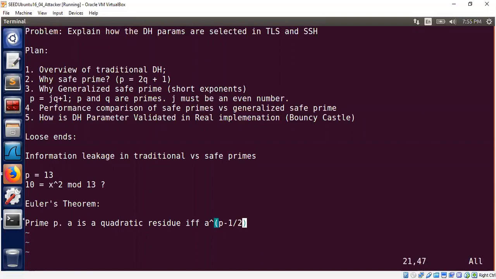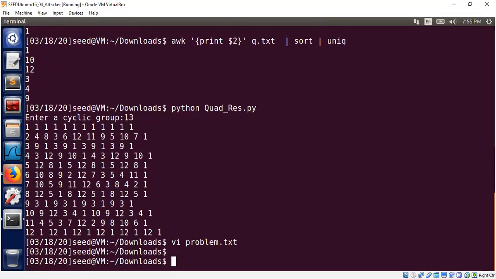A power (P minus 1)/2 is congruent to 1 mod P, okay? If this condition is violated, then we can say A cannot be a quadratic residue. So we can use this theorem now to reason about whether we can find out the least significant bit of the private keys, okay? So let me show you how.